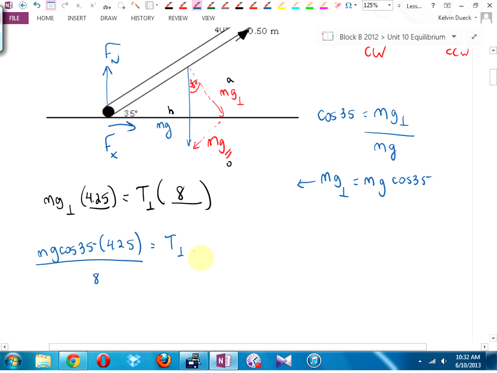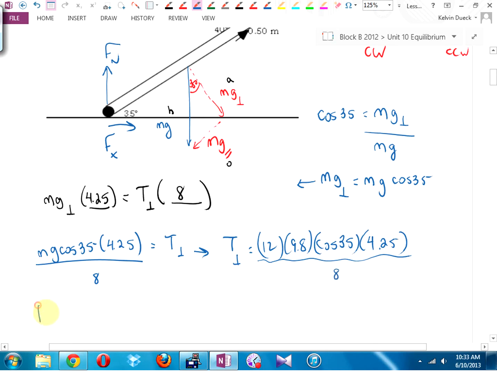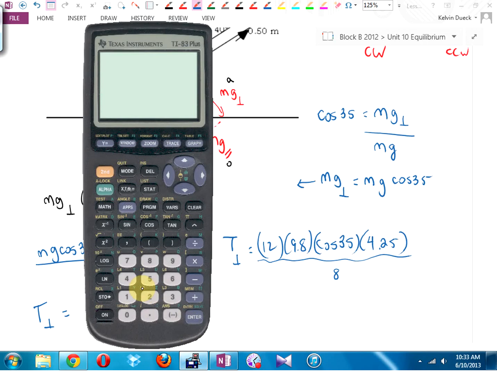Right. The perpendicular is going to be, what was the mass of the beam? I've scrolled down. What was it? 12 times 9.8 times cos 35 times 4.25, all divided by 8. 12 times 9.8 times cos 35 times 4.25 divided by 8.